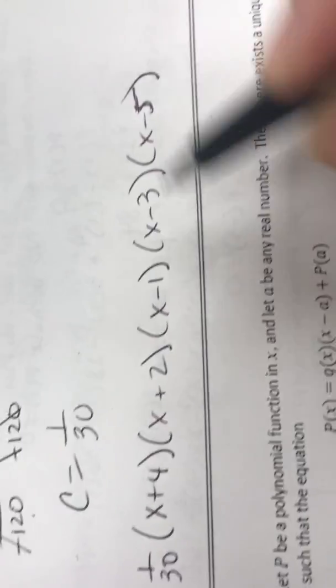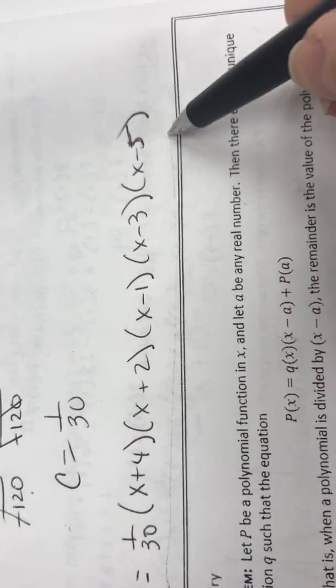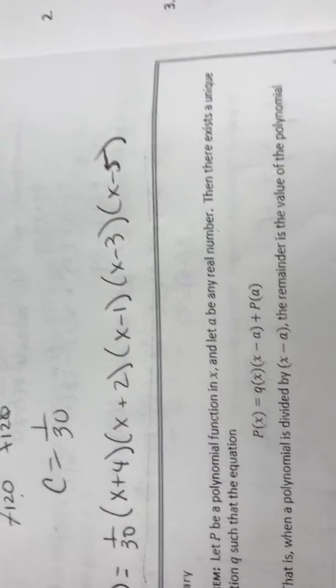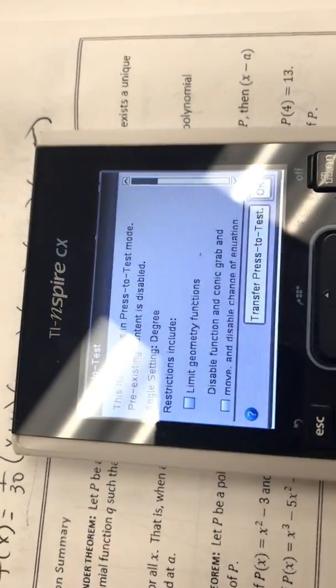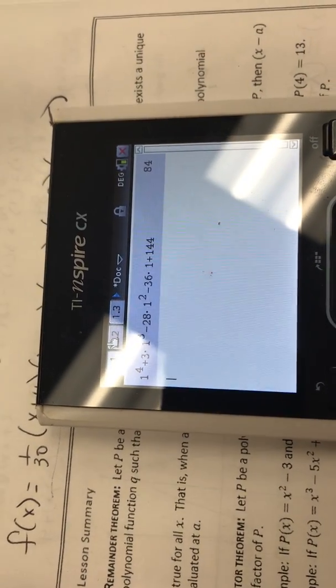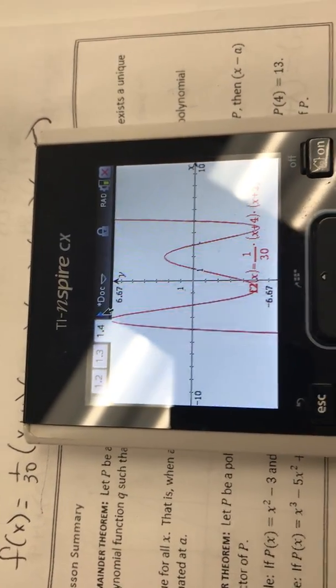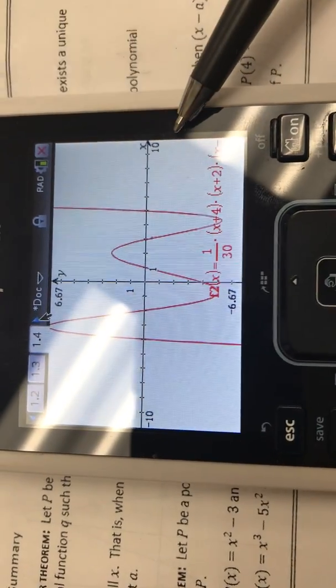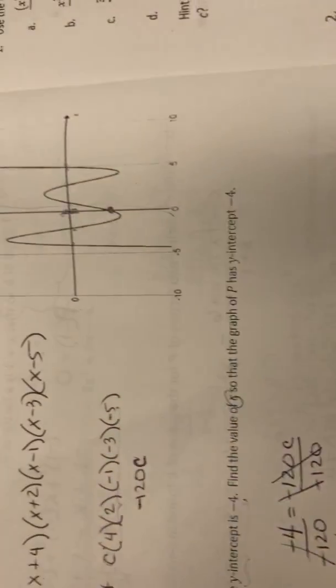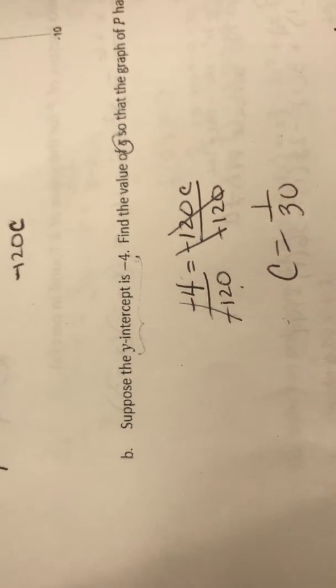If you put this in f of x and put it in your calculator, which I had done for you already here, this looks just like that. Okay? That's what that C value is.